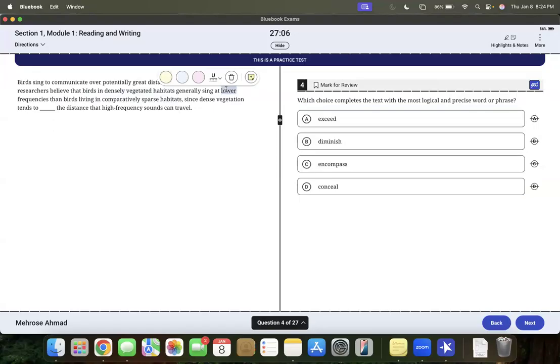That means it's advantageous for them to sing at that frequency so other birds can hear them. So that would mean that dense vegetation does something bad for high frequency sounds, because that's why they sing at lower frequencies. So, what makes the most sense here?